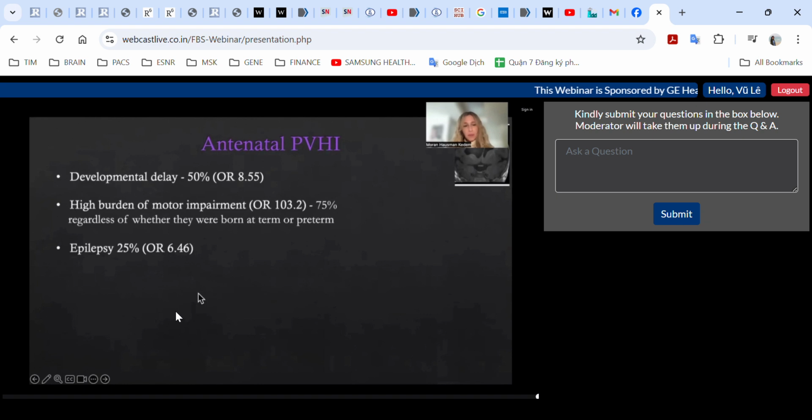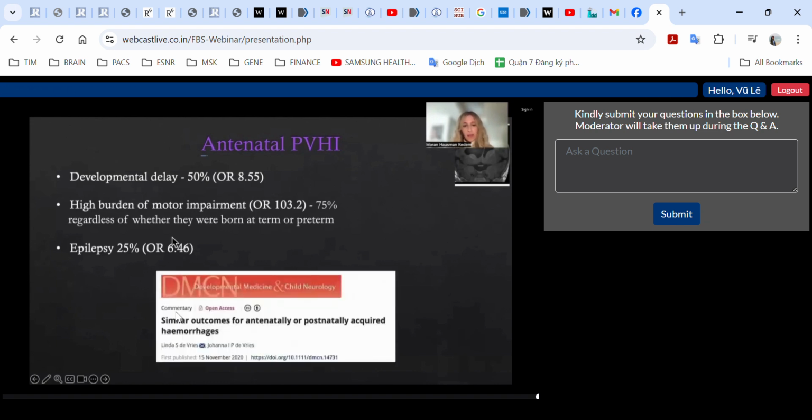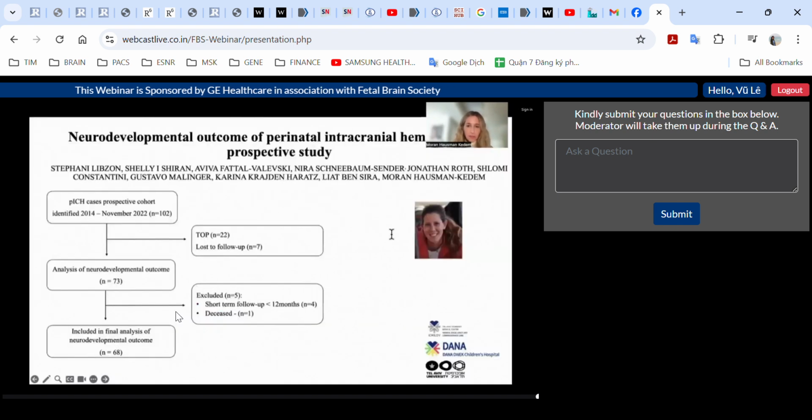Developmental delay was noted in 50%, and there was a high burden of motor impairment, with about 75% of those with PVHI having motor impairments, and this was regardless of whether they were born at term or preterm, and epilepsy was also relatively common. And this got a commentary from Linda DeFries in the issue of DMCN, highlighting that the overall mortality as well as the morbidity were not dissimilar to preterms with GM-IVH and PVHI.